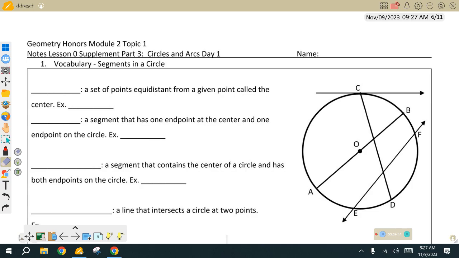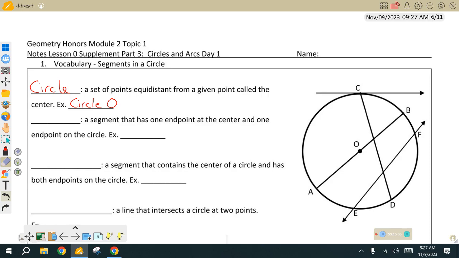So if we were to just walk it around, equidistant from a given point, that is creating what we call a circle. So a circle is a set of equal points from a given point called the center. And in this instance, we name it by the center, circle O. Nothing really crazy yet. We'll get crazy later.